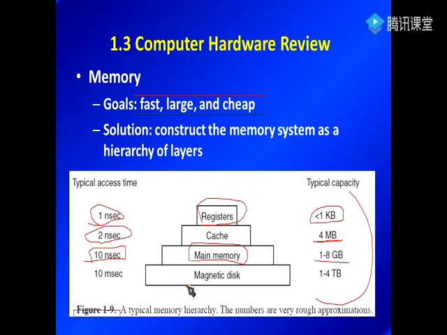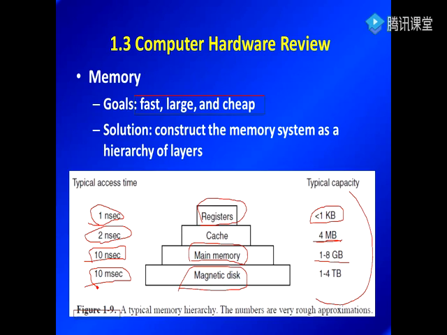But if you check the magnetic disk, you can see the access time is in milliseconds, no, kilo times, right? Nanosecond. It's just 1,000 times that of the main memory.